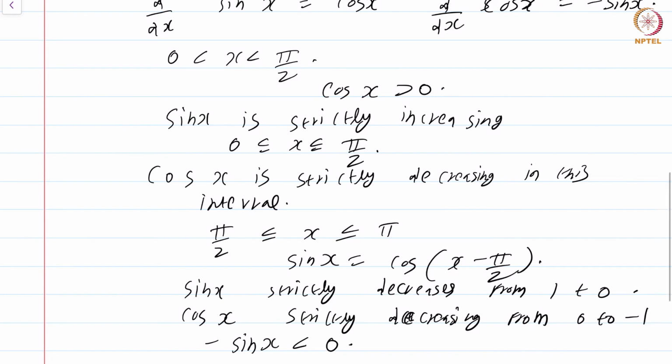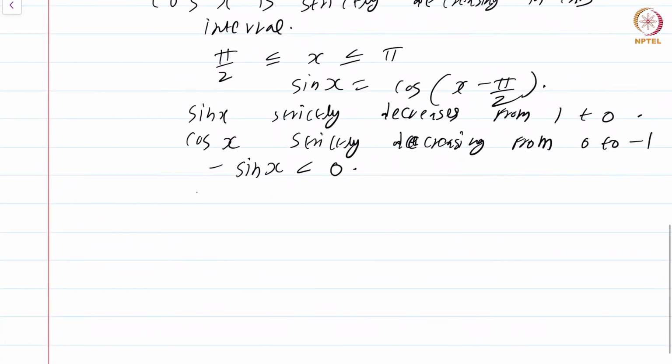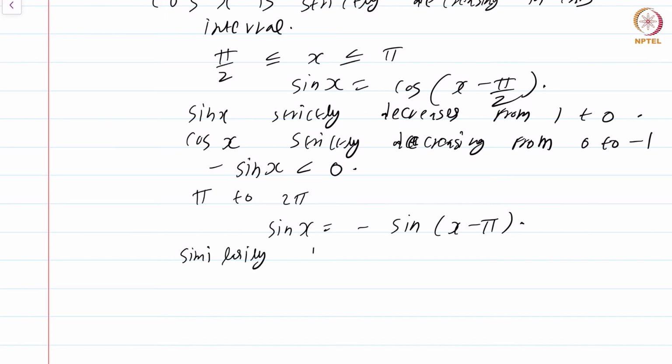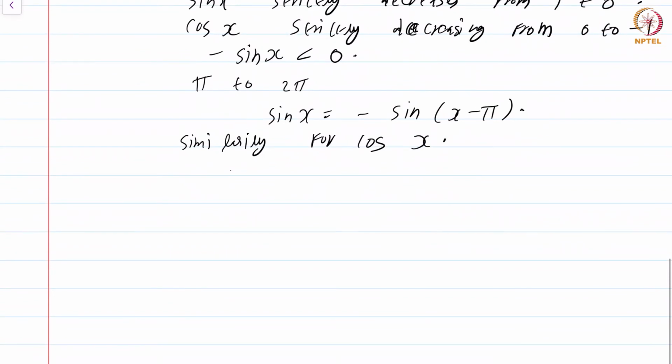Similarly for the interval pi to 2 pi, we just use the relationship that sine x is equal to minus sine of x minus pi, and with this we can derive rough pictures of the sine function, and similarly for cos x. So roughly the picture for sine and cosine is going to look like this.